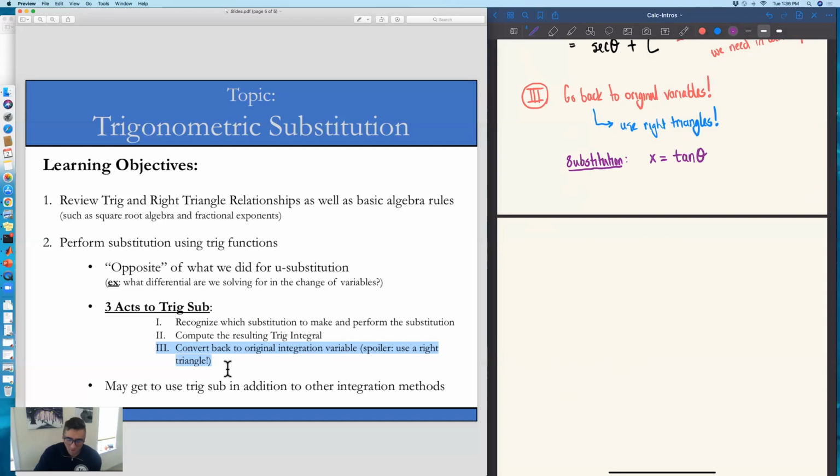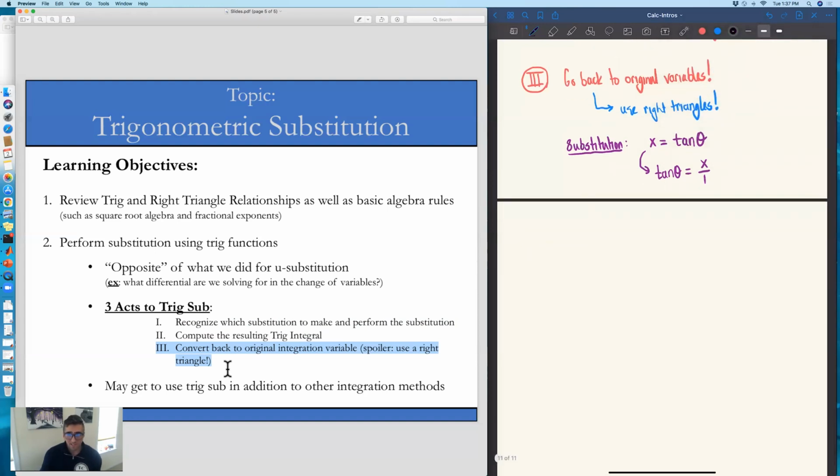So another way to write this is, well, tangent of theta equals x over 1. And the reason I'm going for this kind of notation in looking at what tangent of theta is in terms of x is because that's going to be very useful for going back to the original variables. The only other thing we get to do now is, well, we get to start drawing some right triangles.